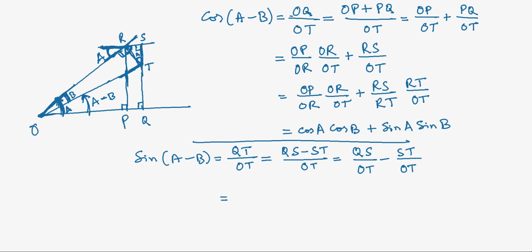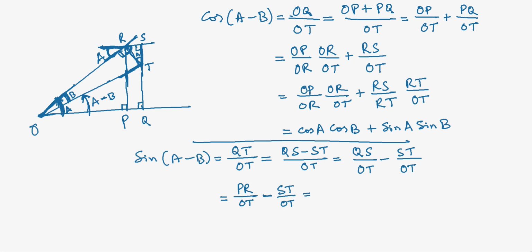Now QS is also equivalent to PR. Yes, PR. PR over OT minus ST. ST is in that small triangle, for the time being we can write it as ST by OT.